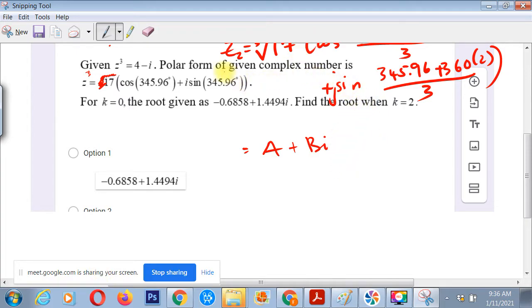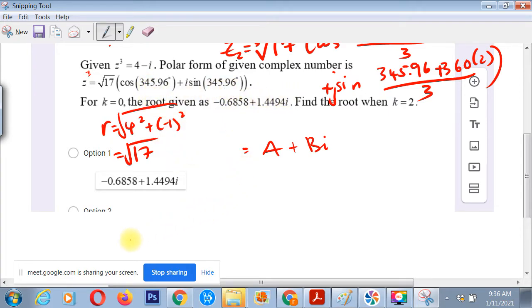I think the mistake is here. r is the square root of 4 squared plus negative 1 squared, which is 17. That is correct.